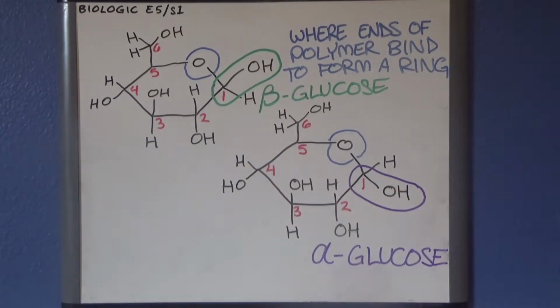Consider for a moment the hexose sugar glucose. Glucose possesses a carbonyl on its 1' carbon, and it has 5 hydroxyl groups. In a water solution, glucose spontaneously forms a ring structure that's connected to its 1' and 5' carbons. As glucose is a hexose sugar, it has 6 carbons, so where does that 6th carbon go?